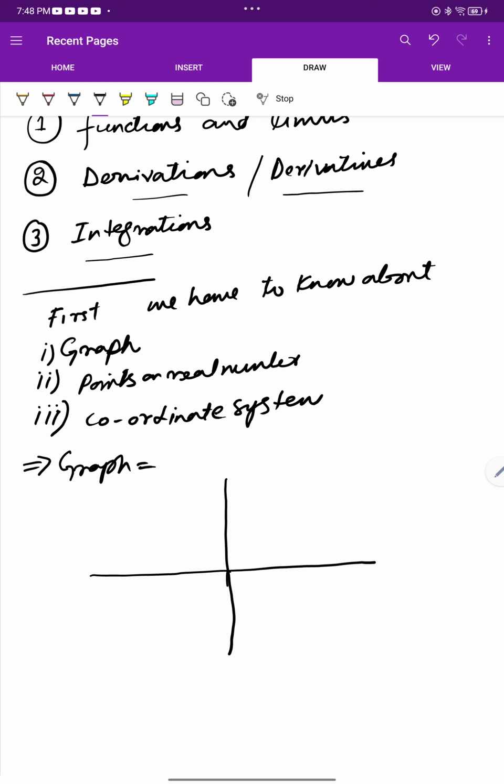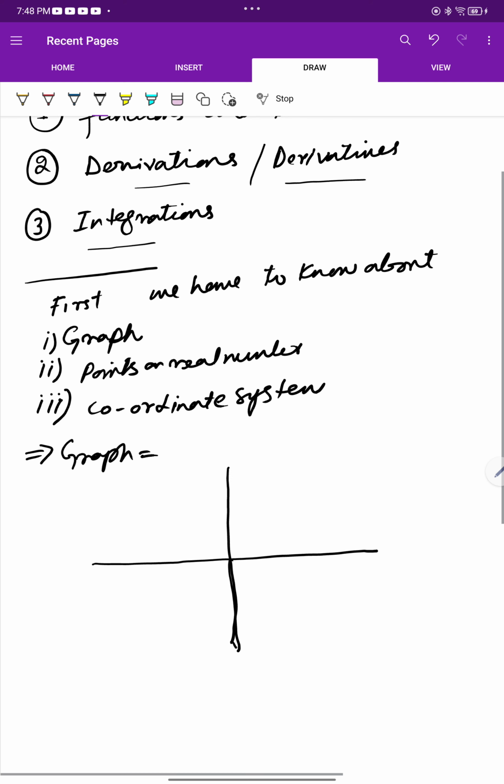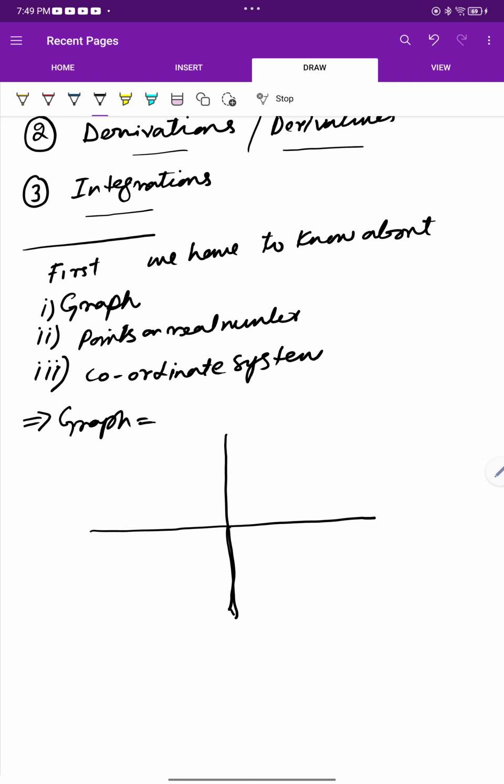It's also called the Cartesian plane, or the XY plane in mathematics. So this is x, this is x dash, the x axis, and this is y vertical, the y axis. So you have to understand these things.